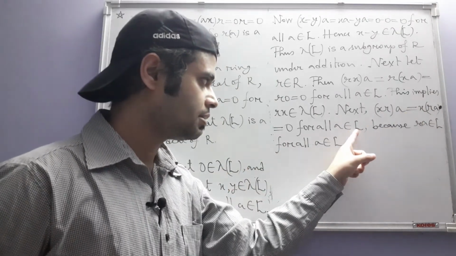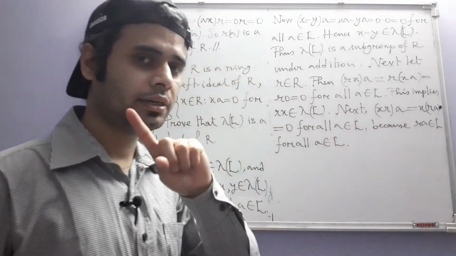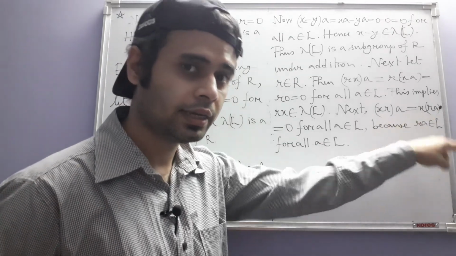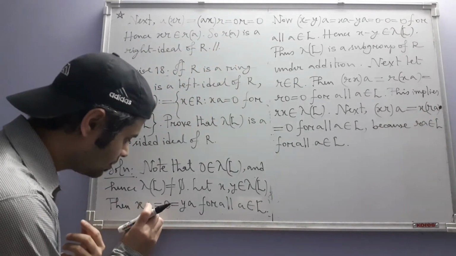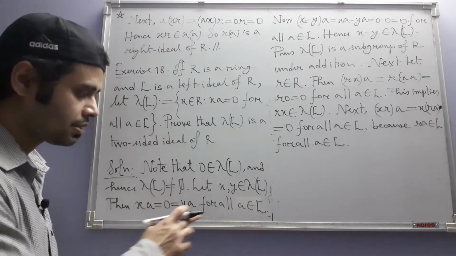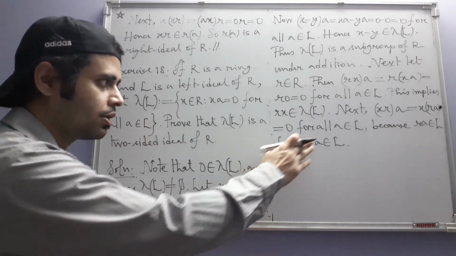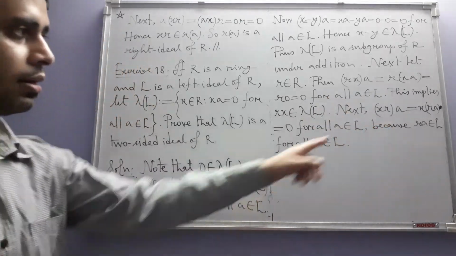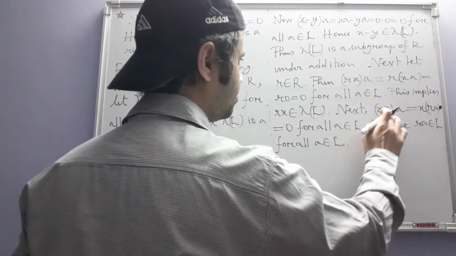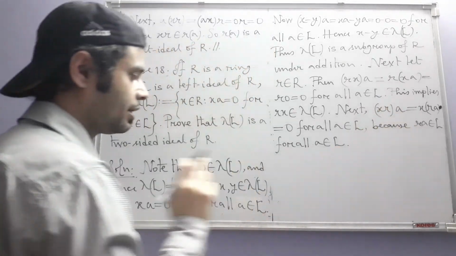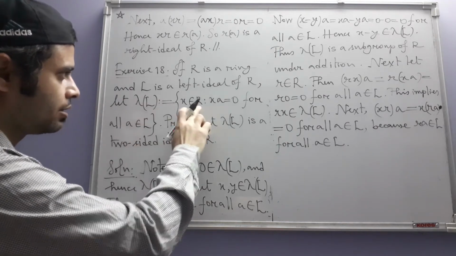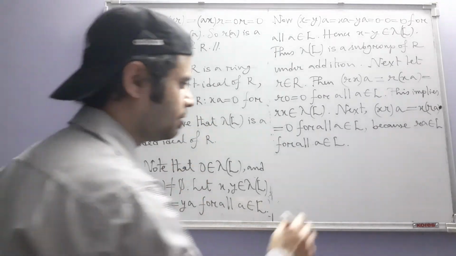Because a is in the left ideal and r is an arbitrary ring element. So if I multiply a from the left by r, ra is again in L. So now in place of this a, you think of ra, because this a is not a fixed a, it's any element in L. In particular, for this element ra in L, x times ra will also be equal to 0. So according to the definition of lambda L, xr will belong to lambda L.